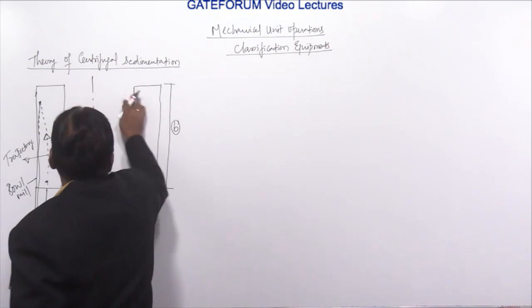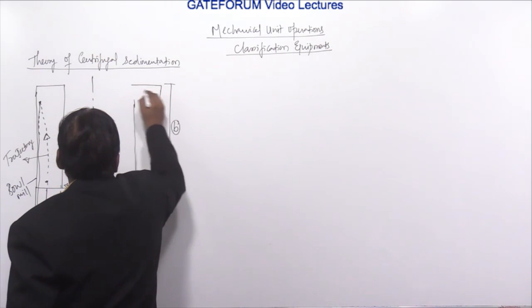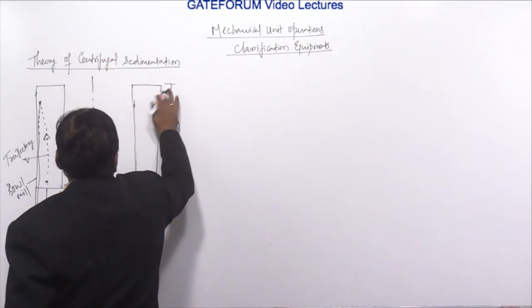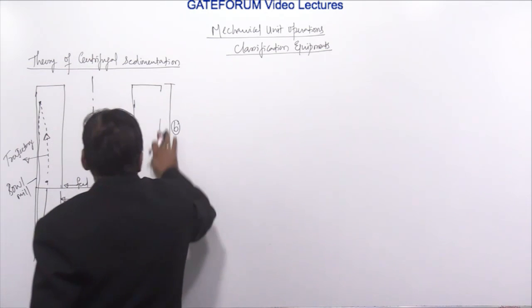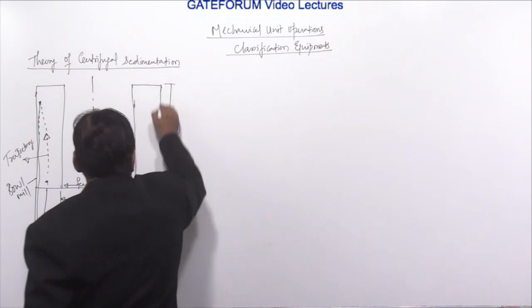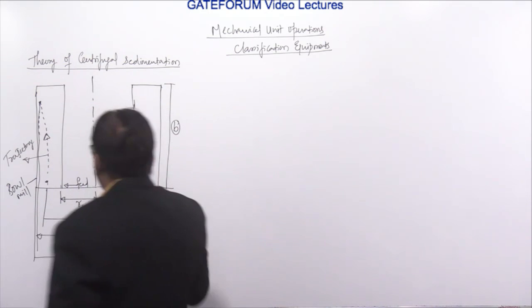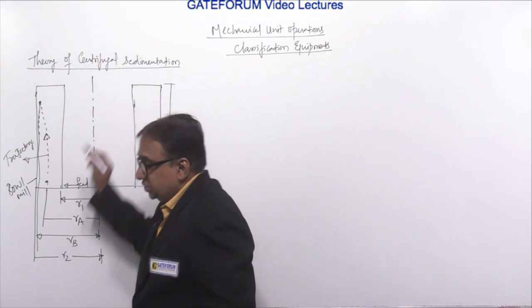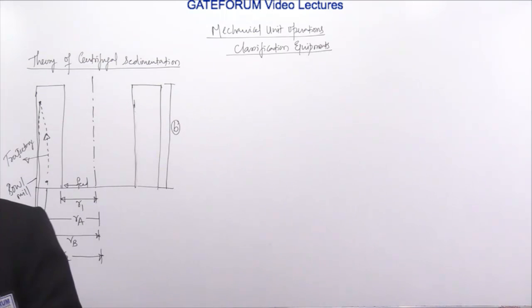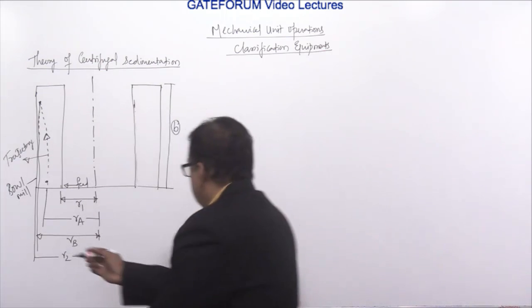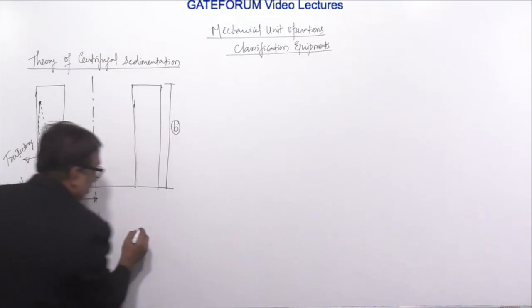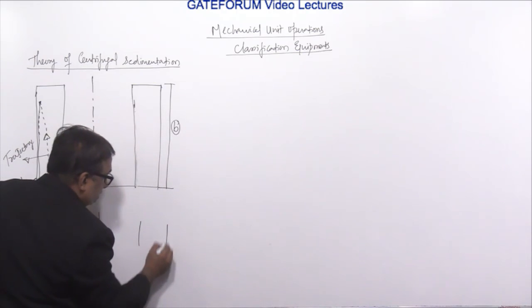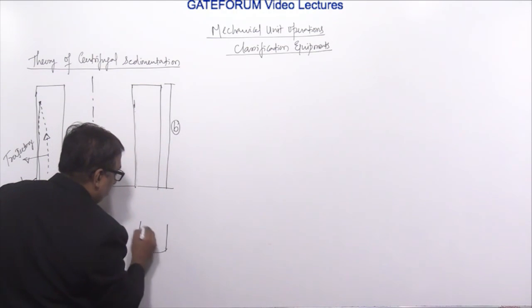And the same height has to be there here, right? So what are these two things? See, I'll just draw it here for your convenience. Actually this is the centrifuge.